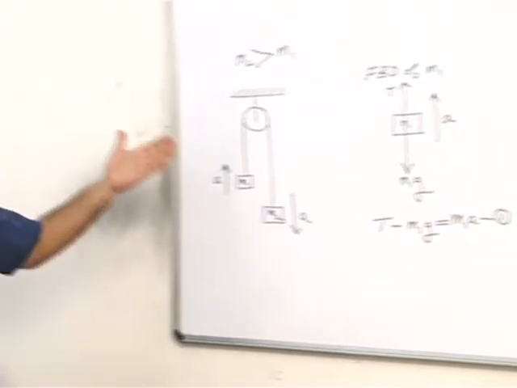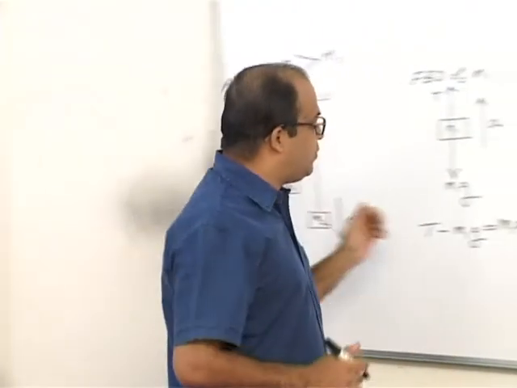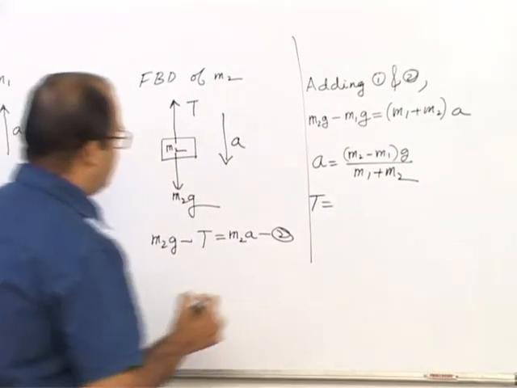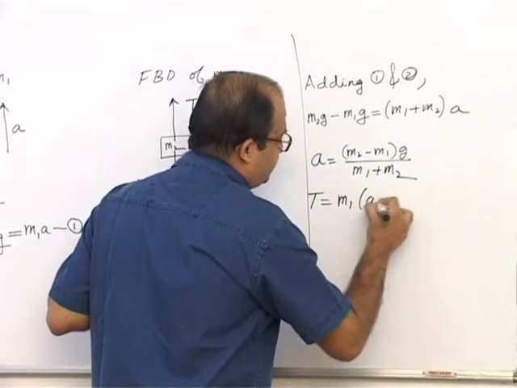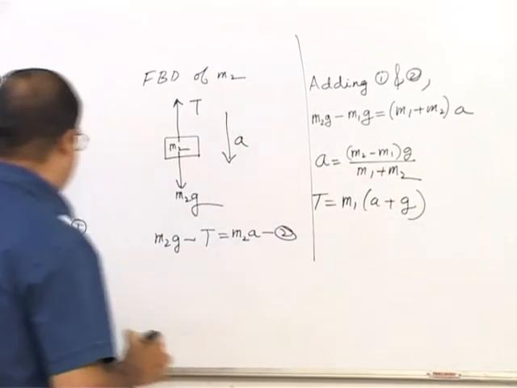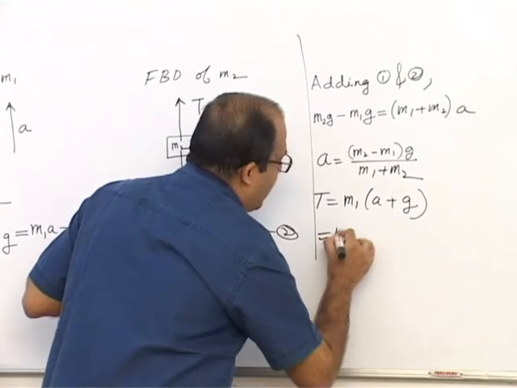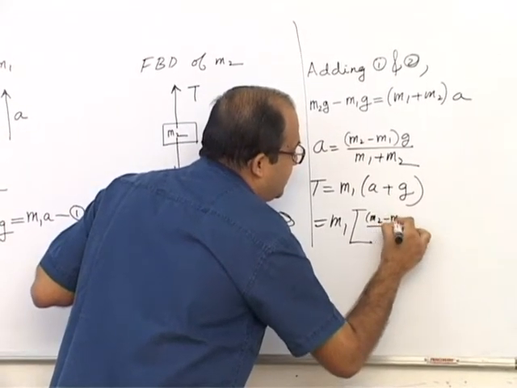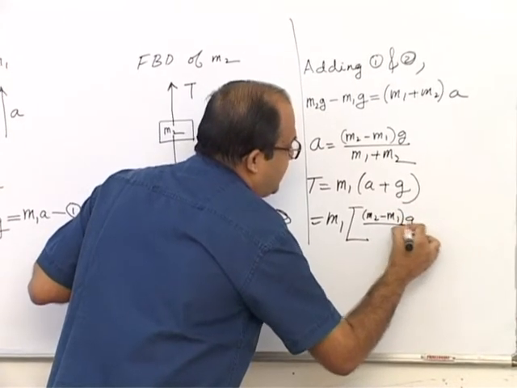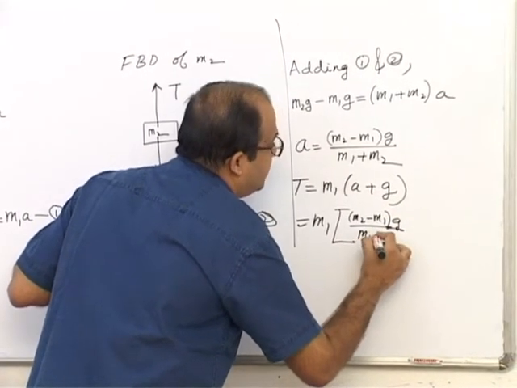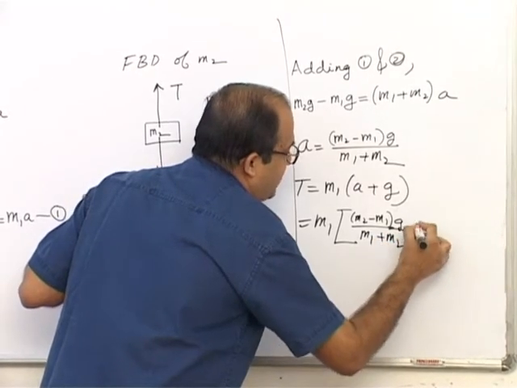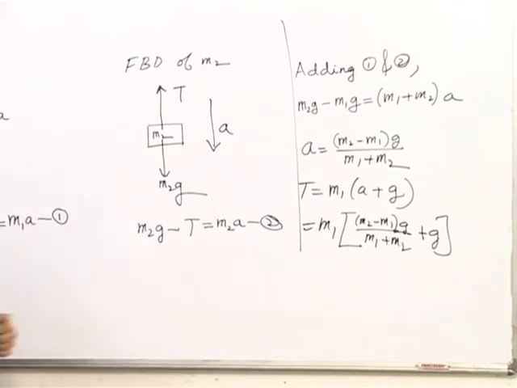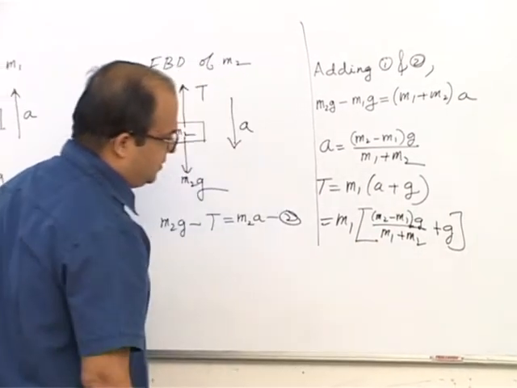Now to get tension, we can use any of the two equations. Use equation 1, tension is equal to M1 into (A plus G). So M1 multiplied by acceleration plus G. So we simplify this, we will see that M1G will cancel out.